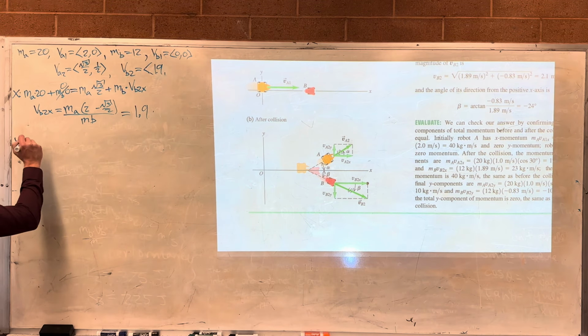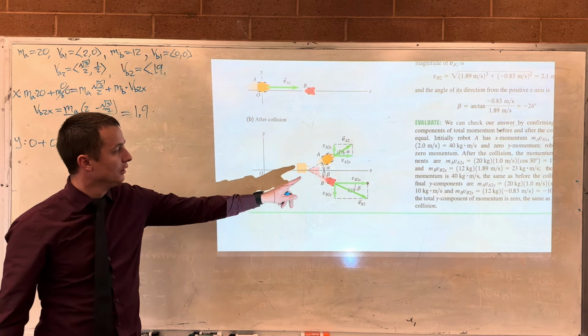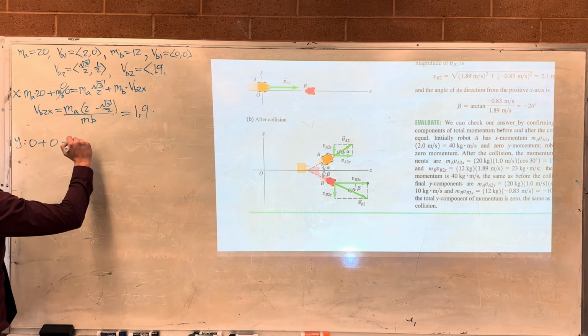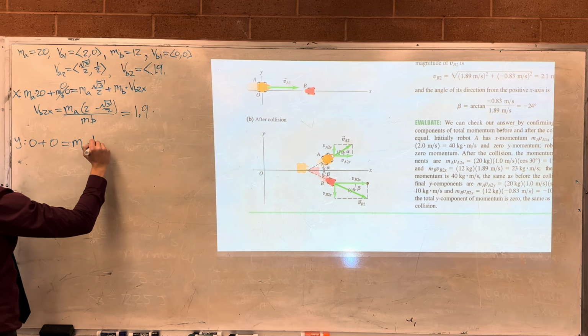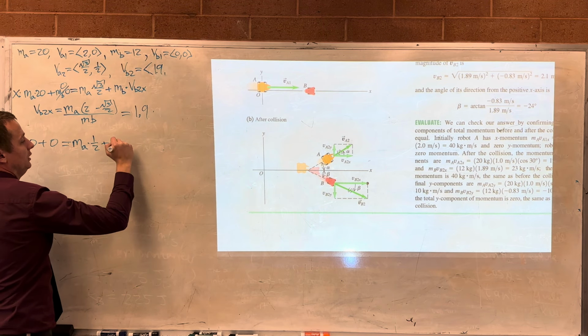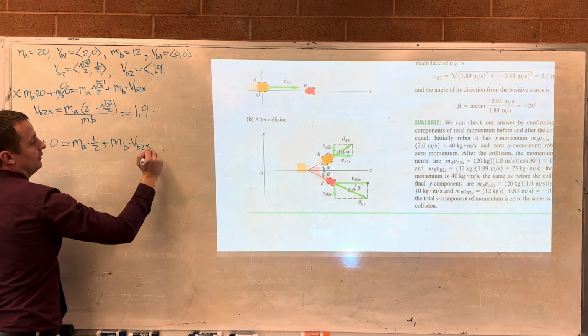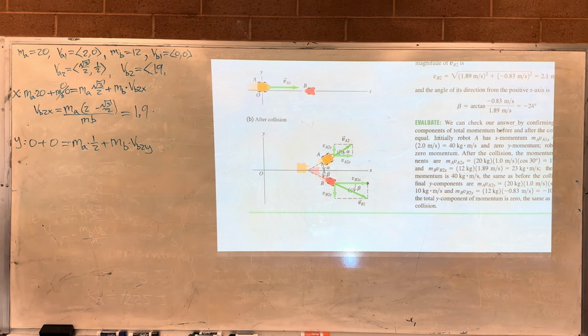So we got 0 plus 0 has to be equal to this one's momentum in the y direction, which is MA times its velocity in the y direction, 1/2, plus MB times its velocity VB2y in the y direction, which is going to be negative.